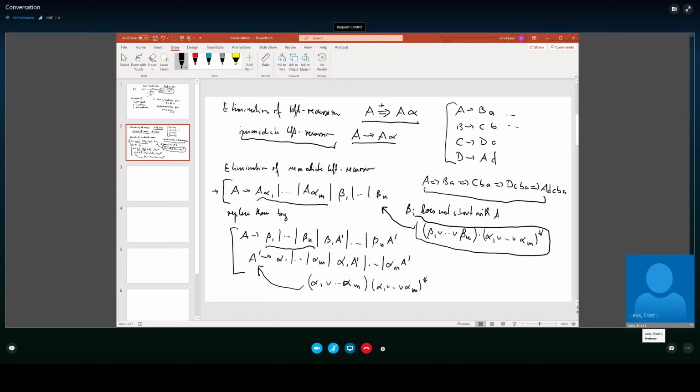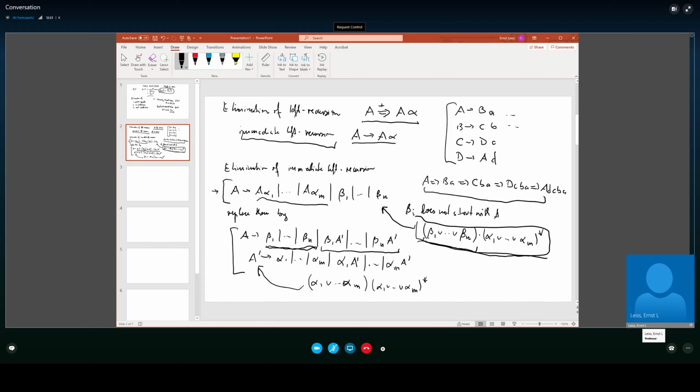On the other hand, if we use one of those productions, we get any beta followed by whatever alpha A prime generates, which is one or more alphas. So what that means is either we get betas followed by no alpha, or we get betas followed by one or more alpha, which is of course exactly betas followed by zero or more alphas.